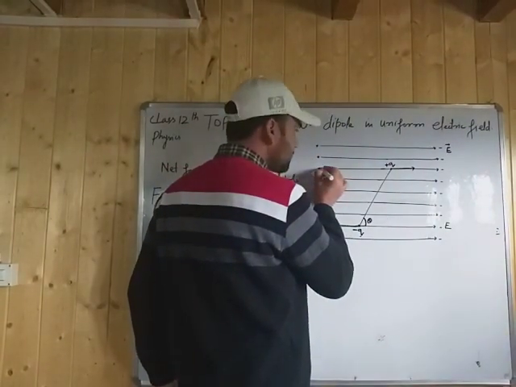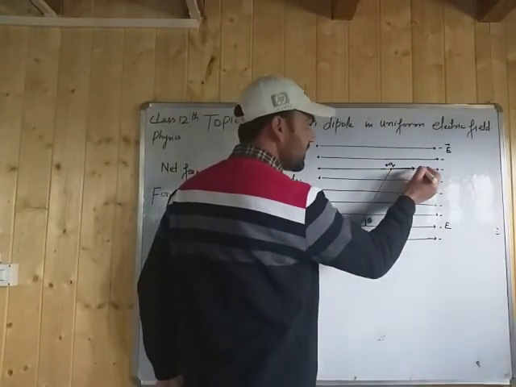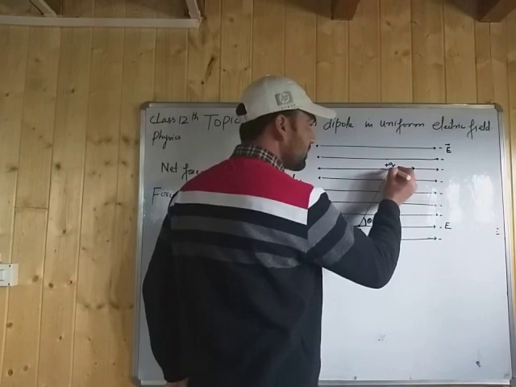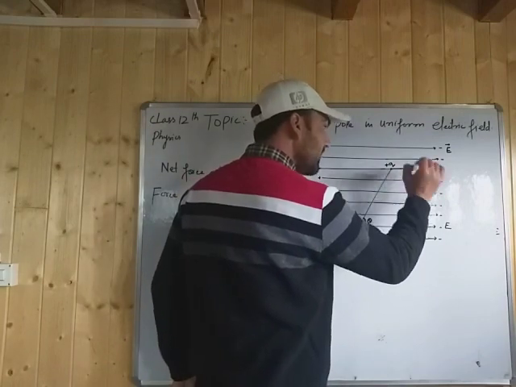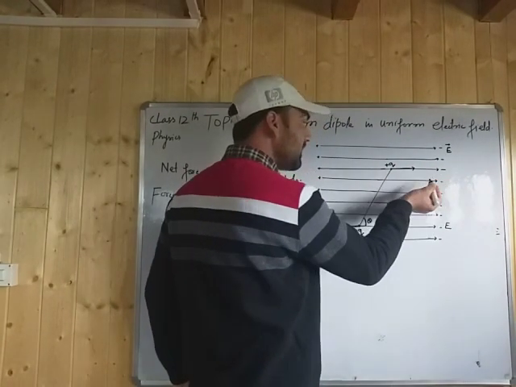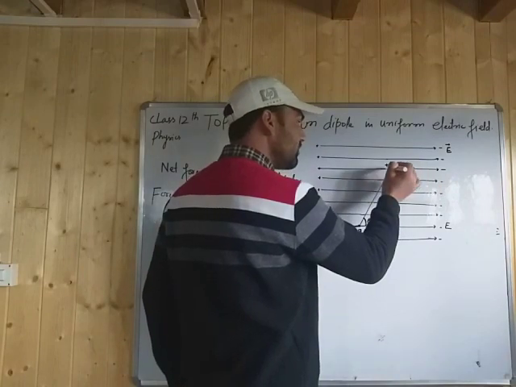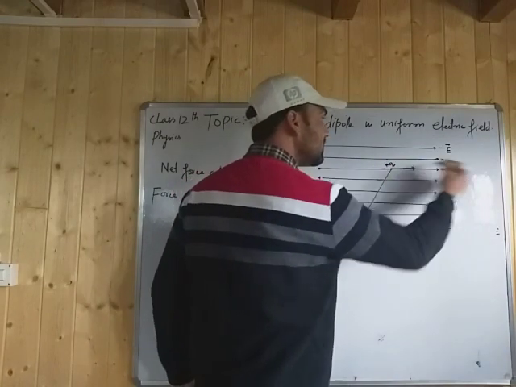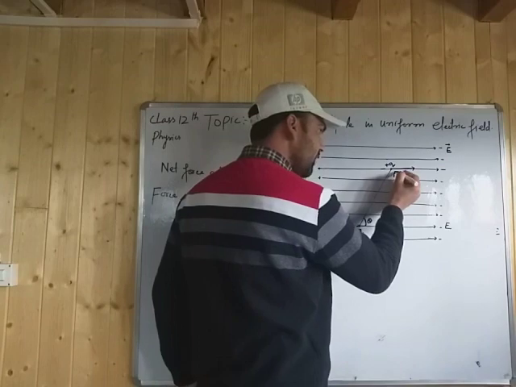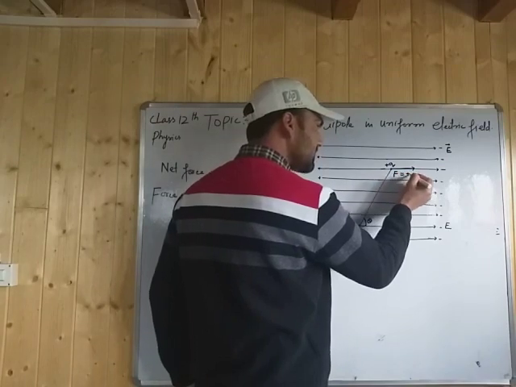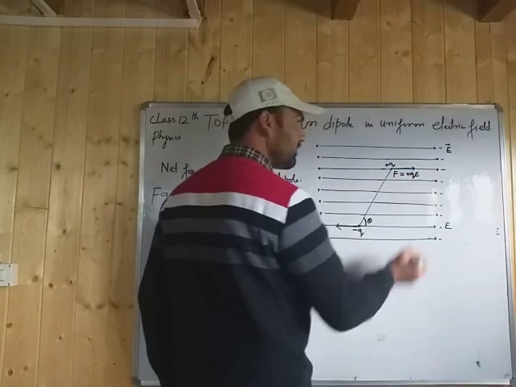So this positive charge will repel this charge in this direction, and the negative charge also attracts this charge in this direction. So we can write this force is equal to plus QE.